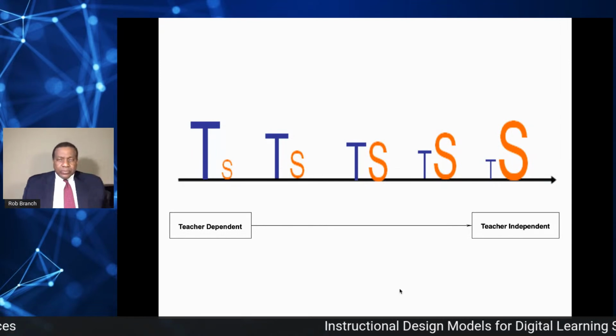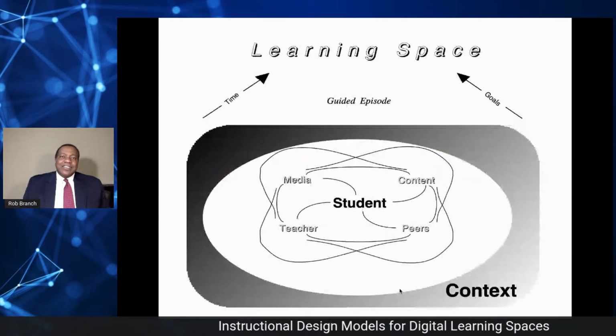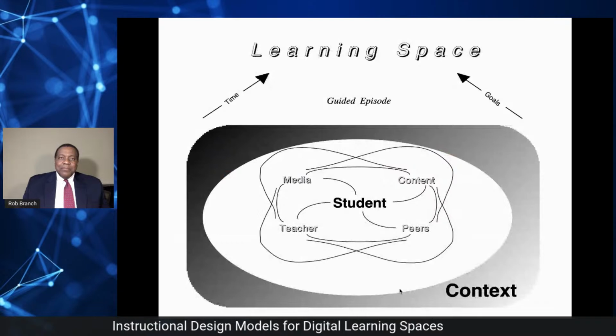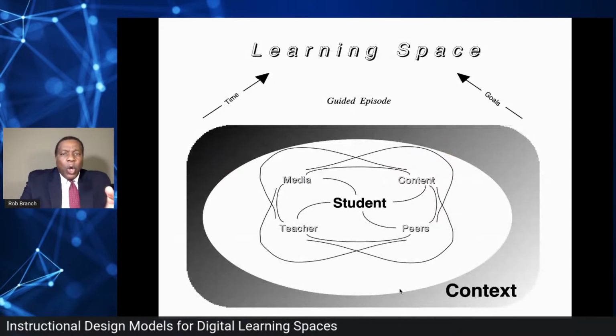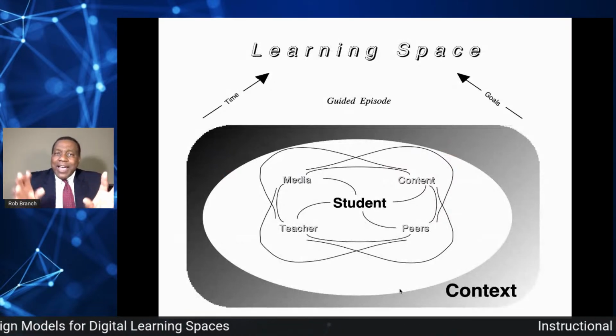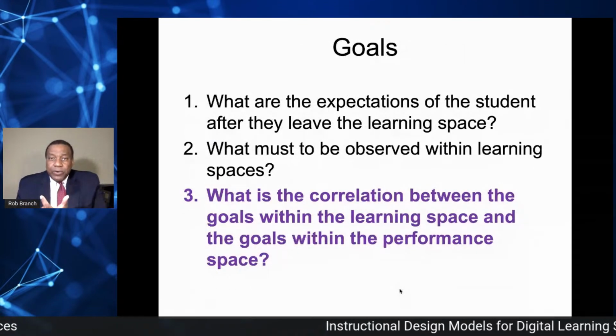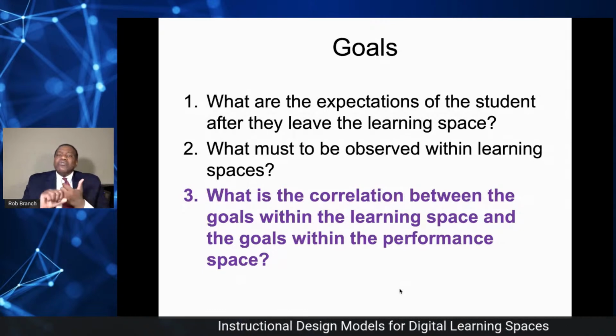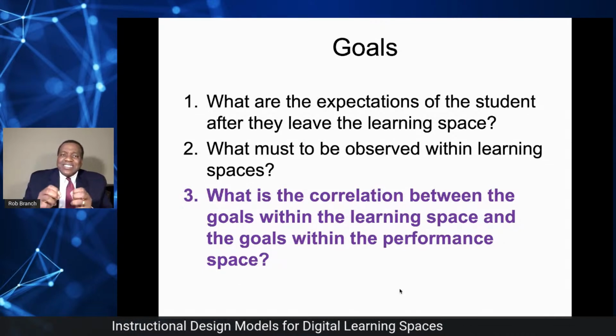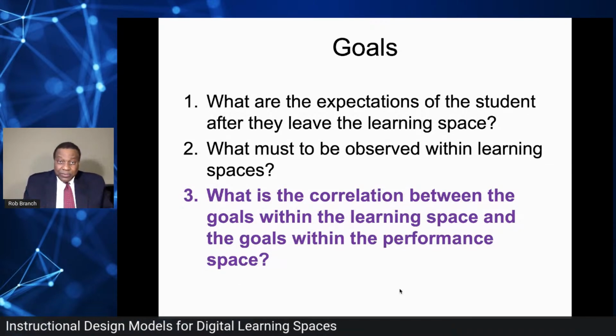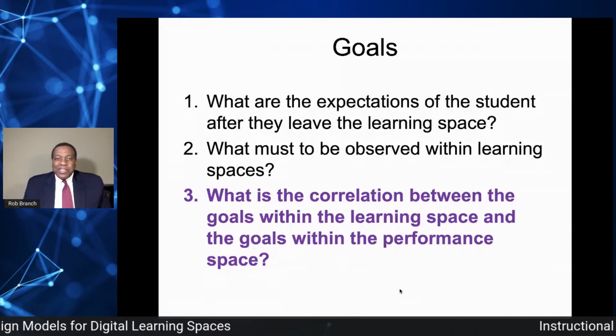At any rate, here's a different way to look at learning space. But please keep in mind that all of these things are bound by goals. What are the expectations after they leave your classroom? What do instructors and teachers need to see within the classroom? And take a look at number 3.